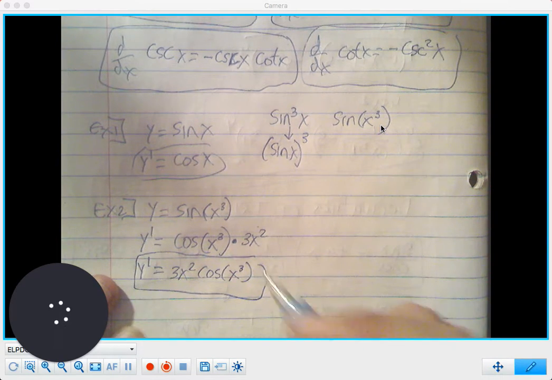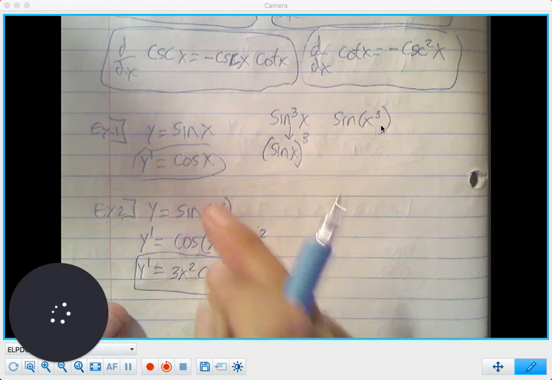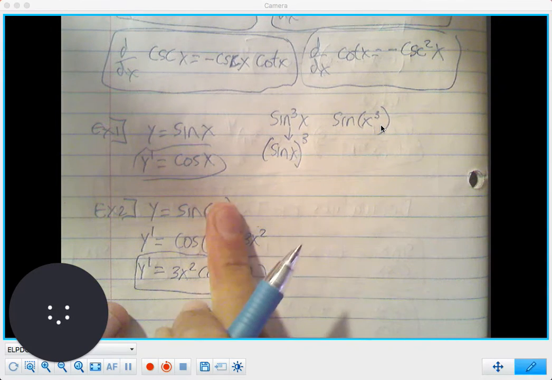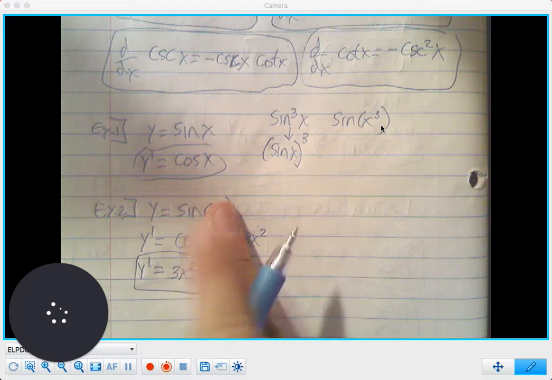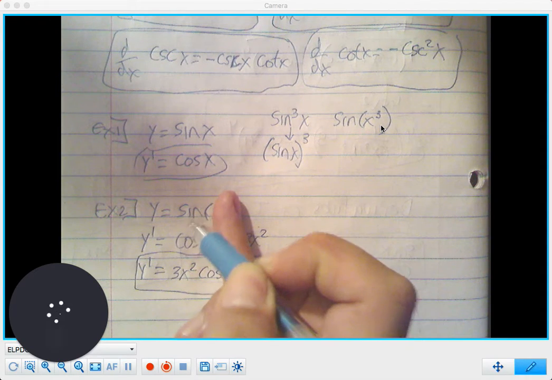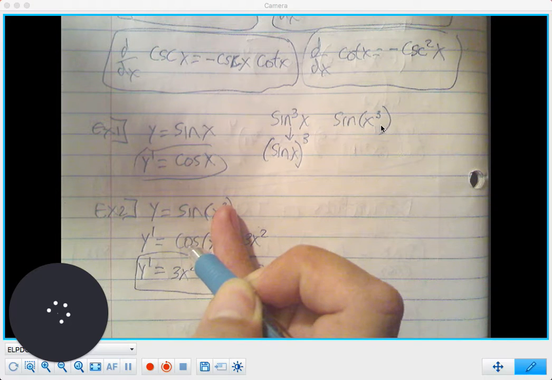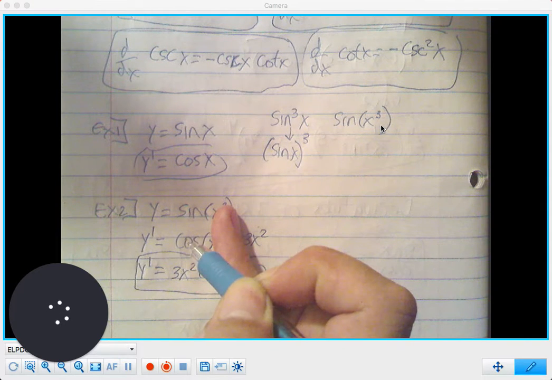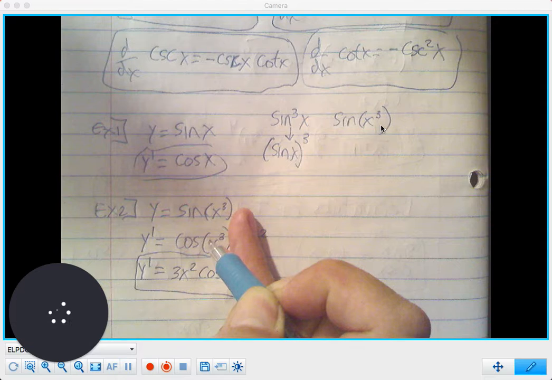Now let me explain it again. Pretend you have nothing there. First you say the derivative of sine. I know the derivative of sine is cosine. And then you copy what you have.